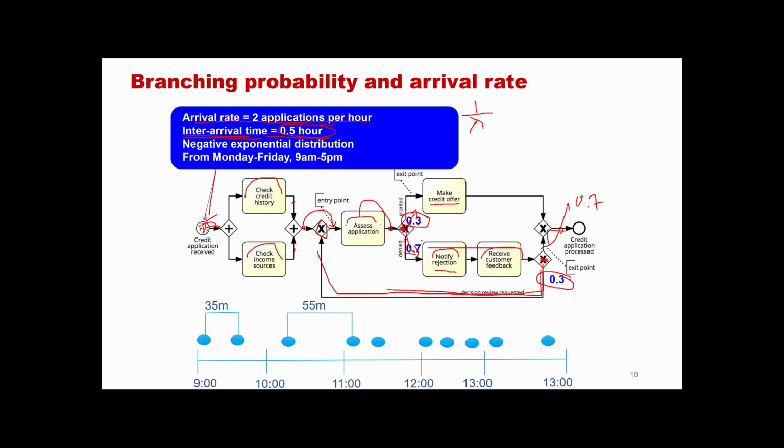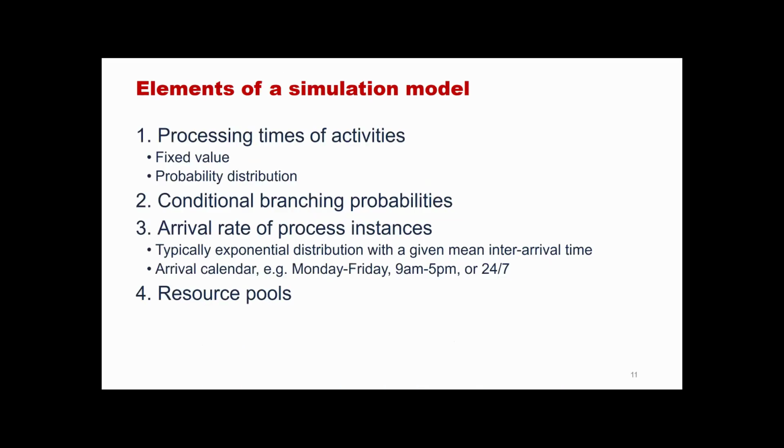But unless there is a booking system in place that prevents people from creating instances of your process at any time, most likely your case creation process will be a Poisson process, and the inter-arrival times will follow an exponential distribution.